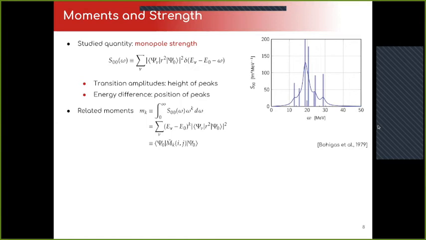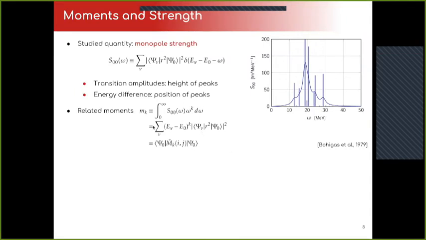Another key quantity in this study are the moments related to the strength itself. They are very simply defined as the moment of a distribution. This is a very classic and standard mathematical definition, but putting the definition of the monopole strength within this definition of moments, one gets two very different possibilities to compute the moments.